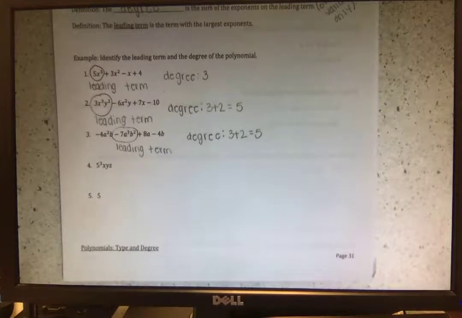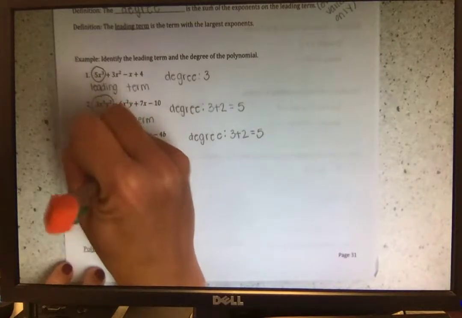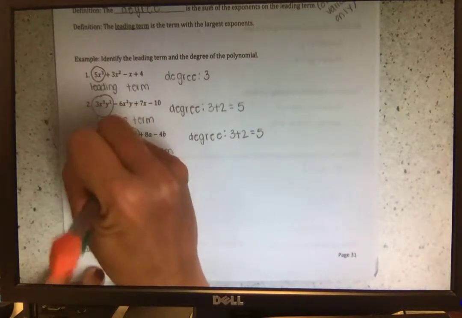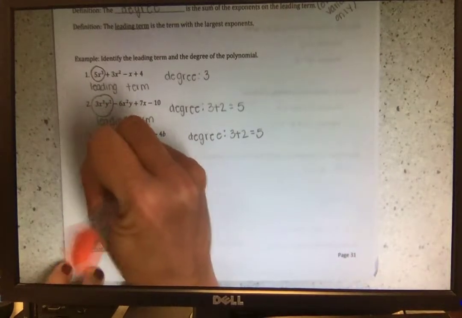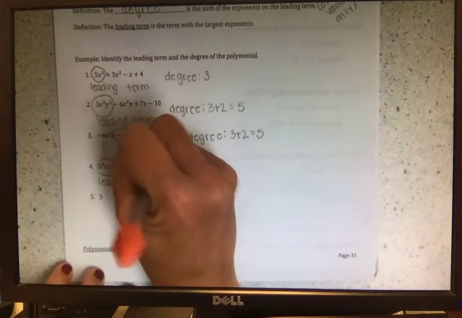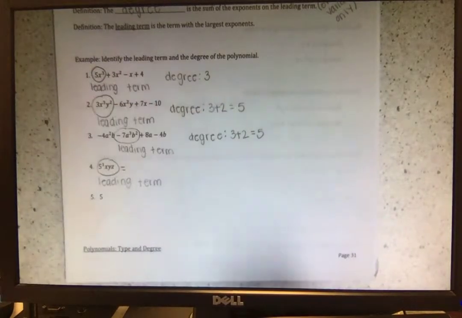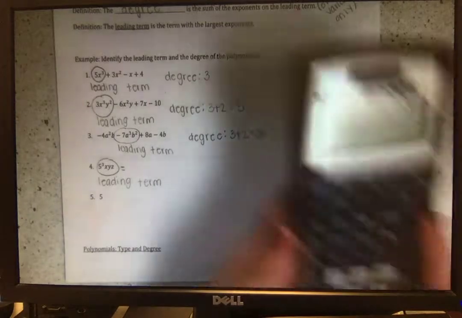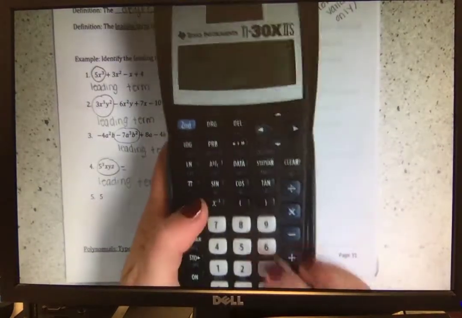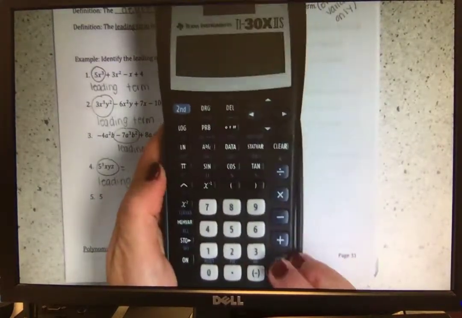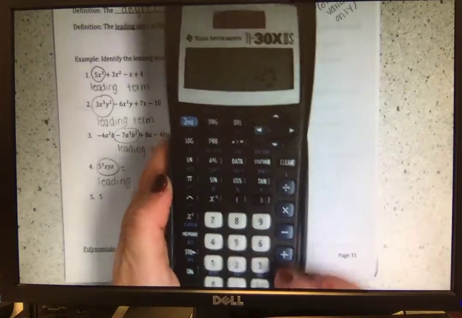Example 4, we have 5 cubed x y z. That's our only term, so that'll be our leading term. Before we find our degree, let's simplify this. So 5 cubed, I can do that in my calculator. 5 times 5 times 5. 5 to the power of 3 will give us 125.